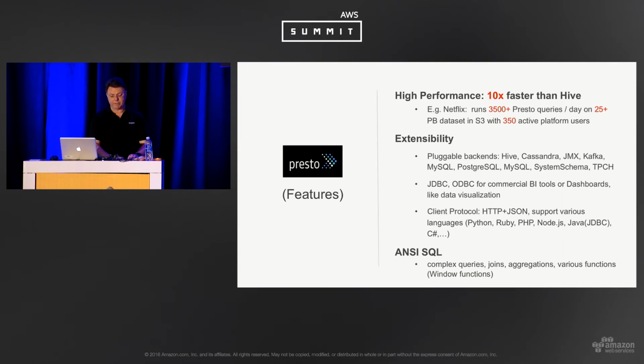They run about 3,500 Presto queries per day on a data set that's 25 petabytes in size that lives on S3. So Netflix has in fact standardized on storing their data in S3. That's what they use as their data warehouse, because of the many benefits that we talked about. And they have on the order of 350 users actively using it at the same time.